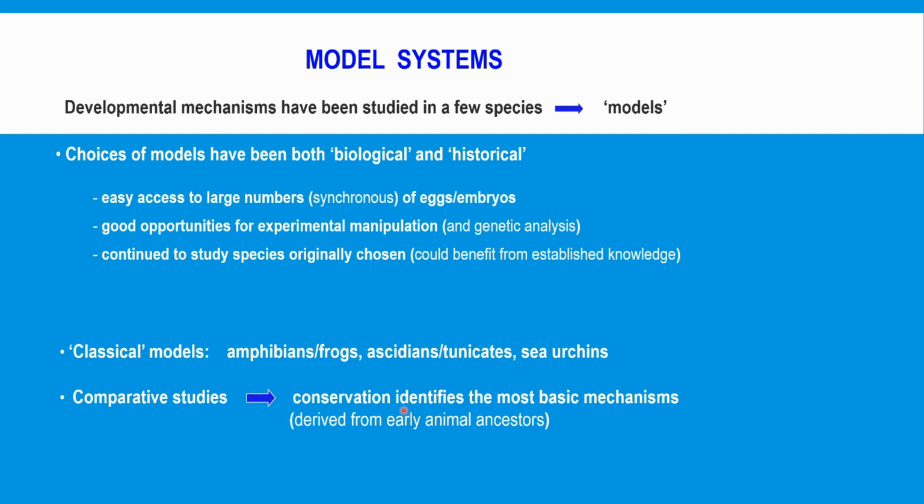If we look at very early animal ancestors, for example, we can compare several very early animals to see what was the new thing that was found between those very closely related animals, or we can look at more evolved animals such as us and very distant animals from the sea, for example, that have much smaller genomes, and we can see what steps the genome has taken during development, how much more complex it has been. And we'll hear more about this comparative work and the evolutionary aspect of developmental biology from Powell.